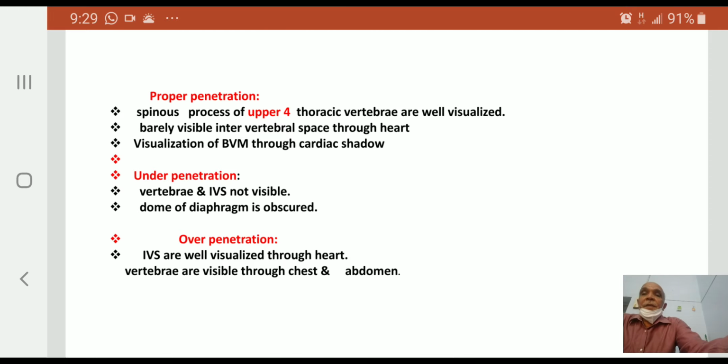And over penetration is when the vertebral column is visible throughout the chest and abdomen, and the intervertebral spaces are well visualized through the heart. In over penetration, you can see the entire vertebral column visualized throughout the chest and abdomen.